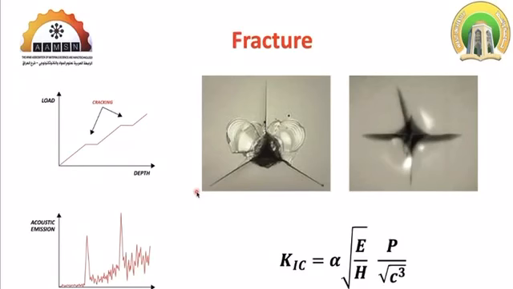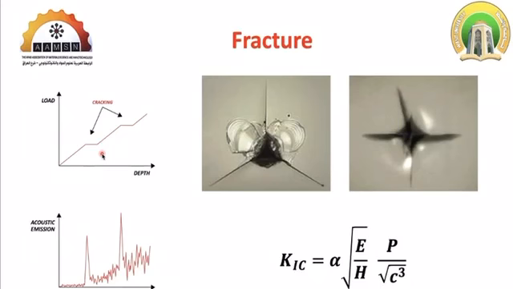It's quite simple. All we do is perform a standard test, loading segment, unloading segment, and if there is a fracture, there is a sudden change in the loading segment, and these events are called pop-in events, and they always refer to fracture occurring in brittle material.